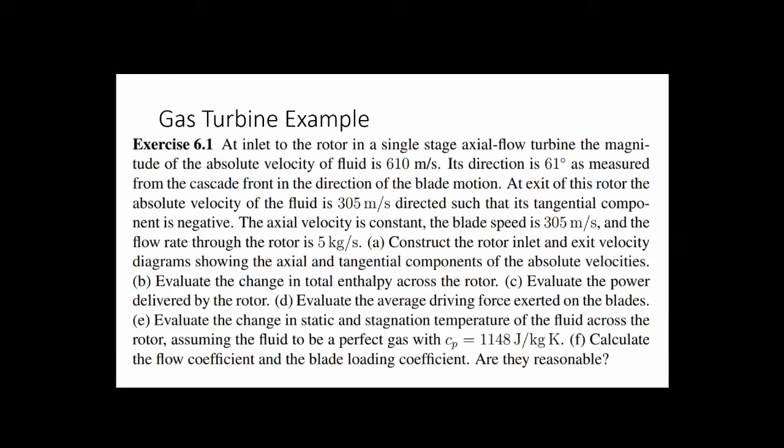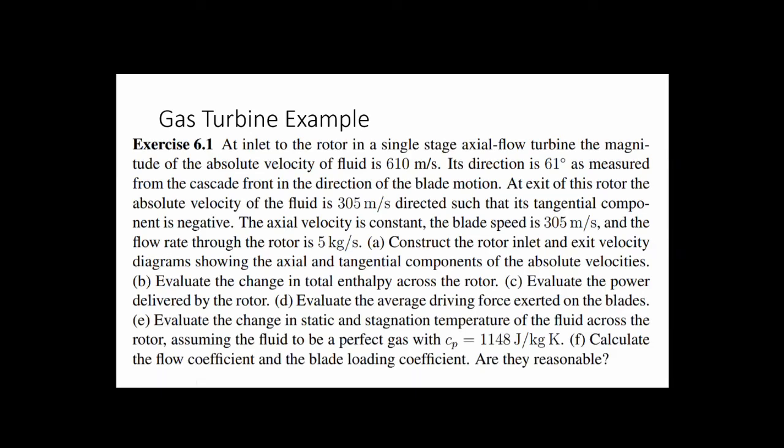At the exit of this rotor, the absolute velocity of the fluid is 605 meters per second, directed such that its tangential component is negative. The axial velocity is constant, the blade speed is 605 meters per second, and the flow rate through the rotor is 5 kilogram per second.